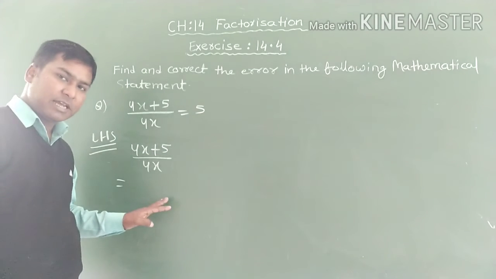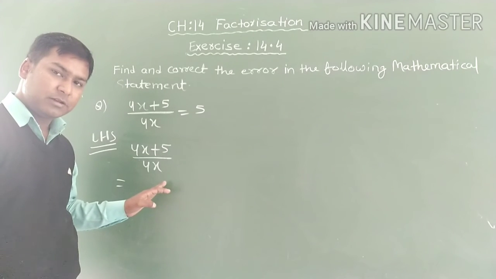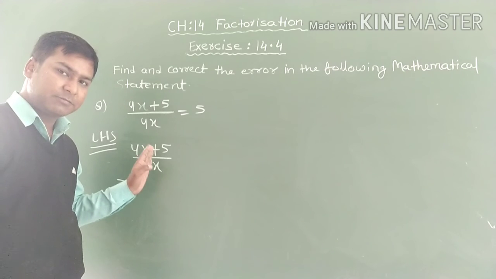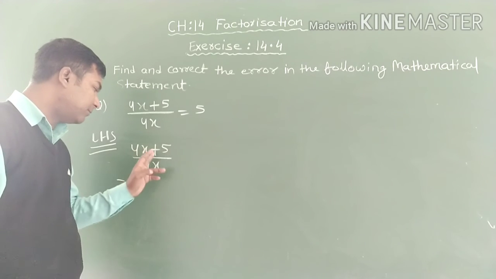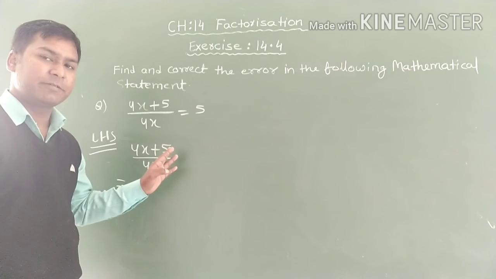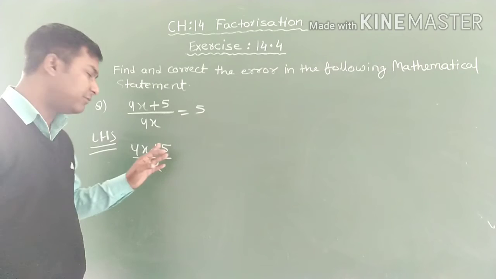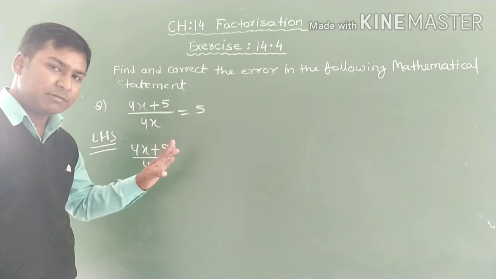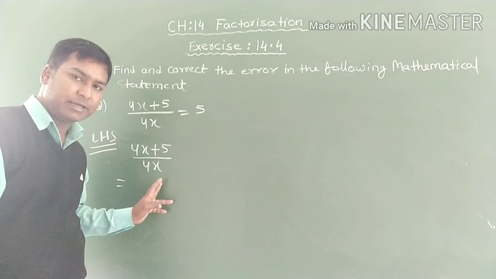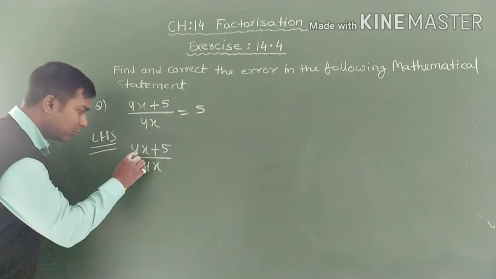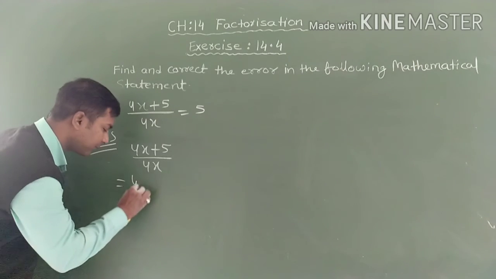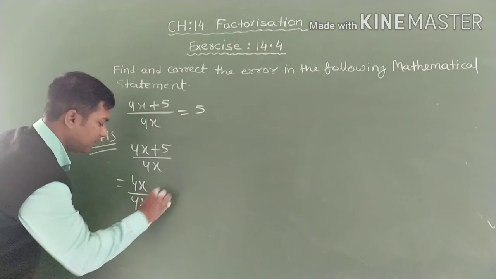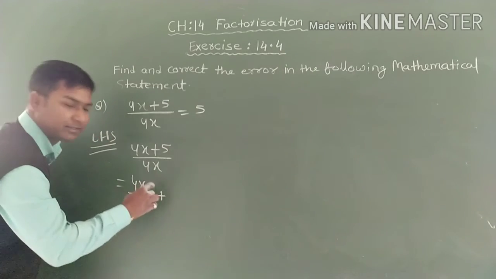Same process as we have done in the previous question. We have to split this term 4x plus 5. So first one time we have to take 4x upon 4x, plus second time we will take 5 upon 4x. Okay. So see here, 4x upon 4x plus 5 upon 4x.